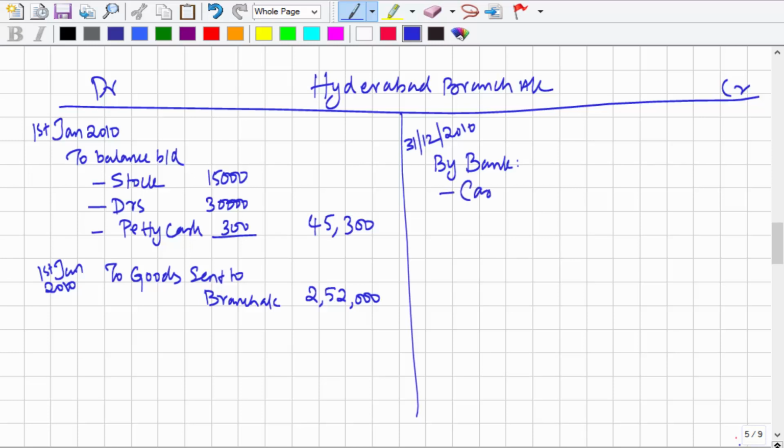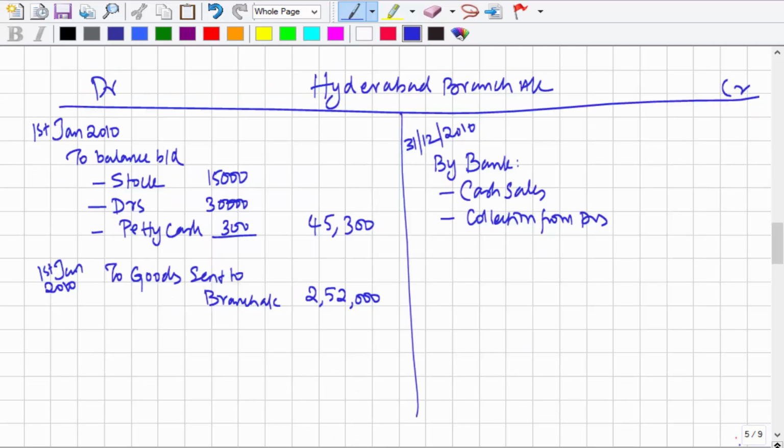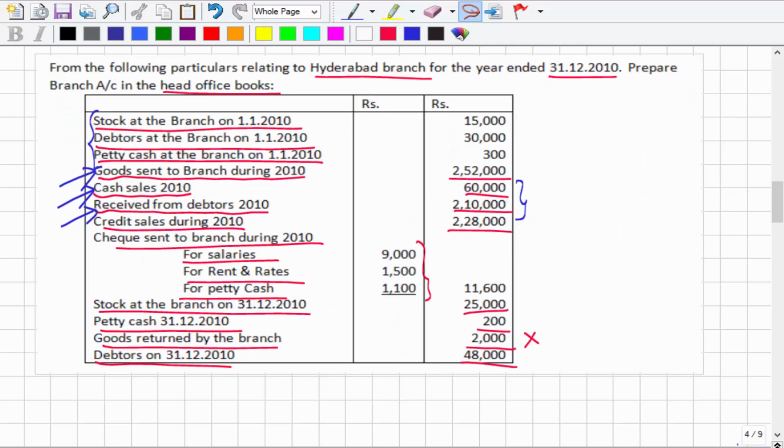One is cash sales and the other one is realization from debtors. Okay, so we'll say collection from debtors. And what are the amounts we have? The amounts are basically 60,000 and 2,10,000. So these two are the amounts. Yeah, fine. Then let's go back to the question.